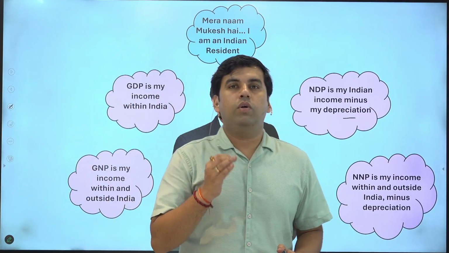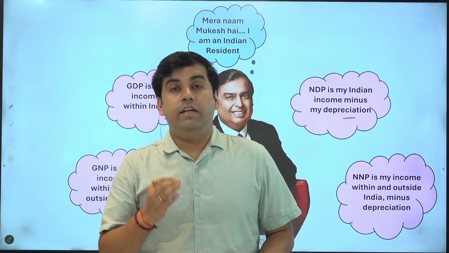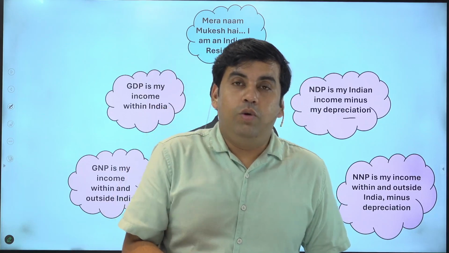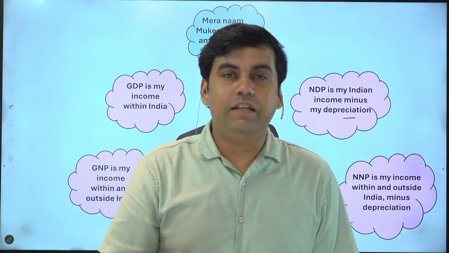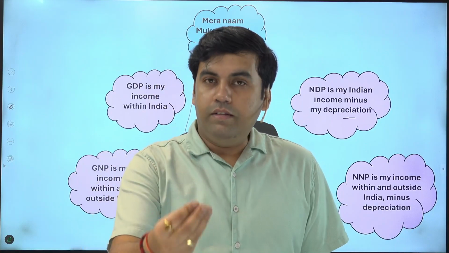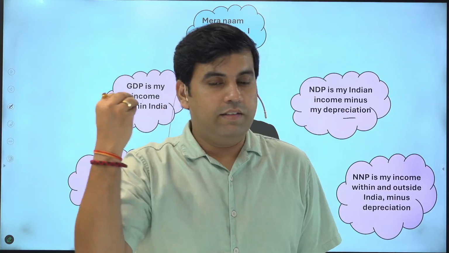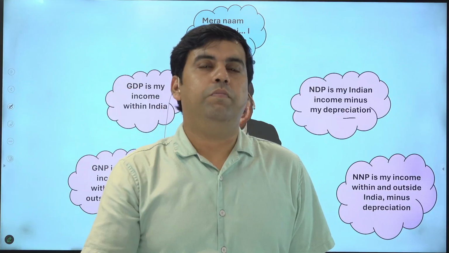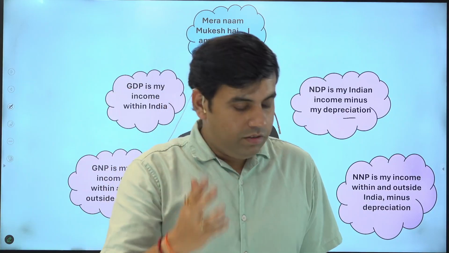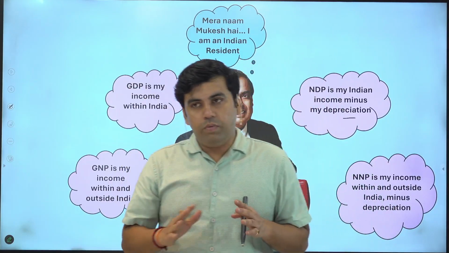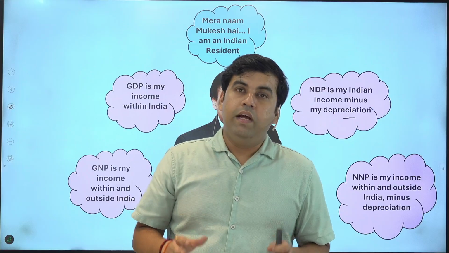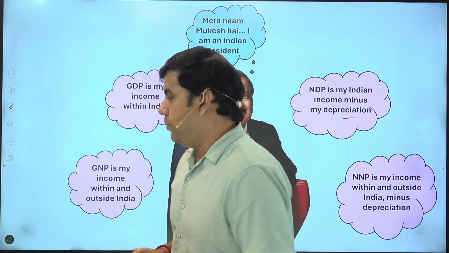UPSC does not want, or never desires, complex equations and complex numericals for you to solve in the examination. There is no concept for UPSC in that regard. So please do not worry about such issues. Okay, that's the only thing which I can say.